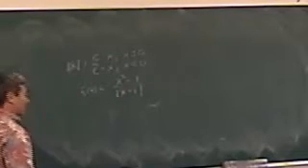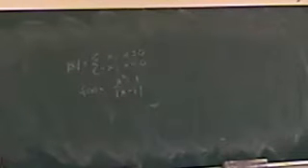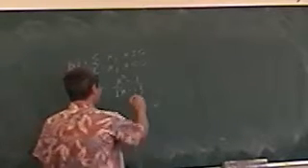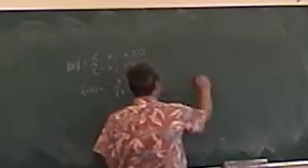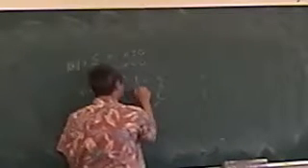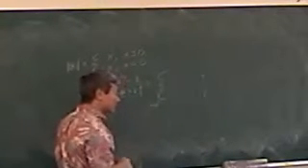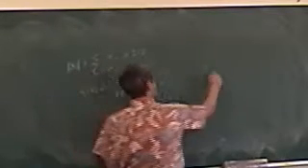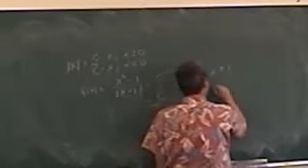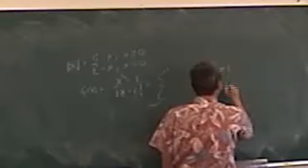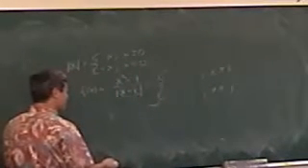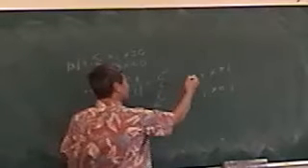You don't start plotting points. You make a piecewise function. Here is the absolute value. What makes the inside of the absolute value 0? 1. So x is greater than 1, or x is less than 1. How come I don't put the or equal to? Because it makes the denominator 0. Now, if x is greater than 1, isn't that thing going to be positive? Yes. So leave it alone.